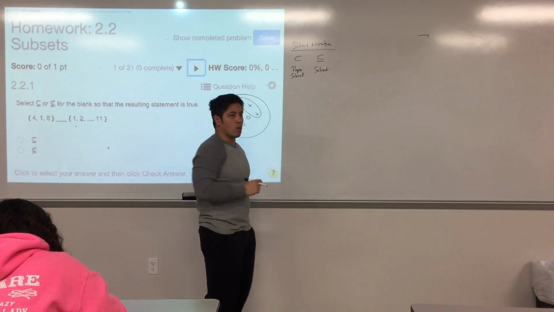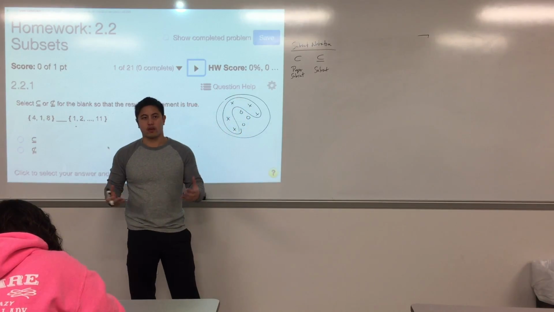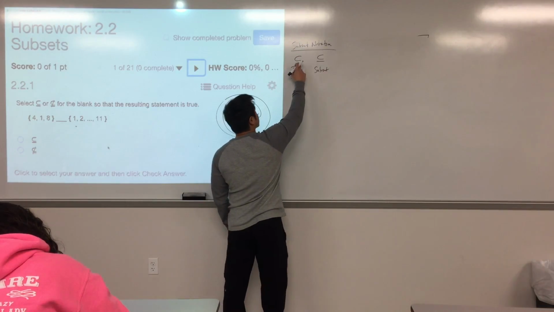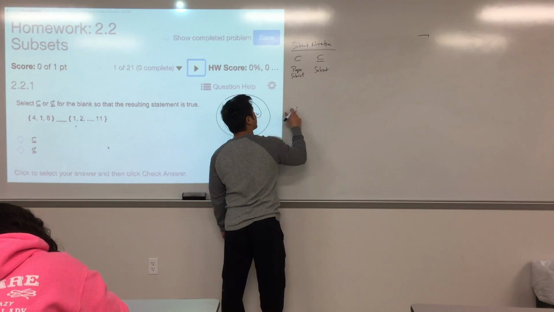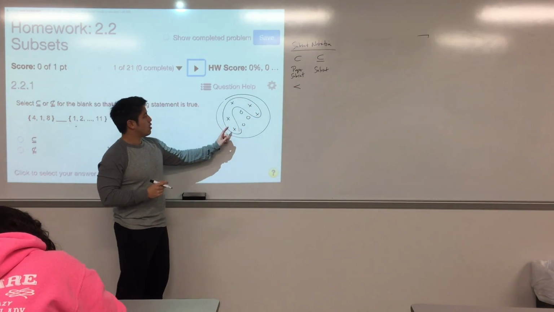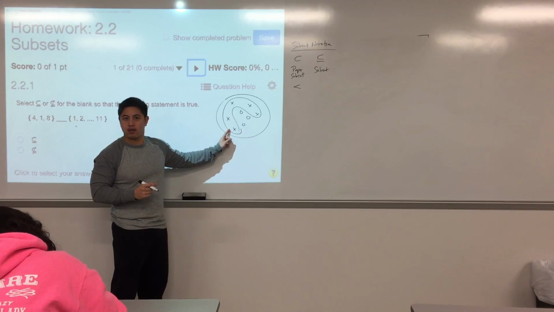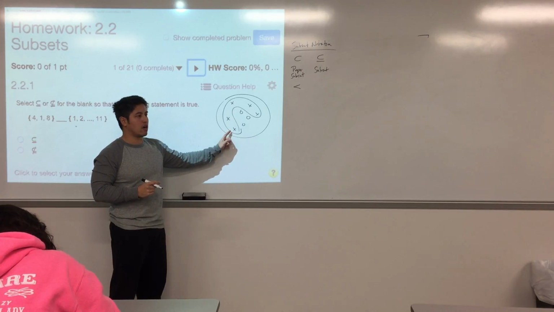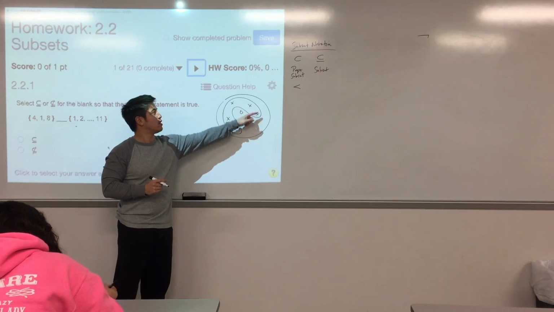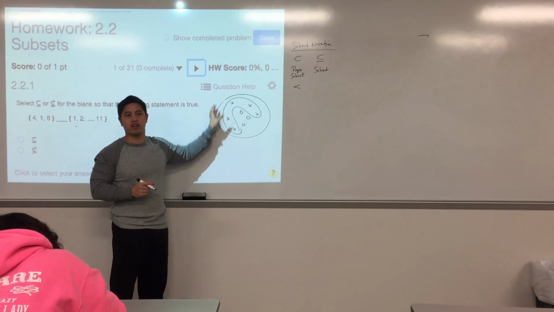Now, one way that you guys can think about this is that the C without a line under it is sort of like a less than sign. So, the proper subset of women in this classroom is less than the greater.